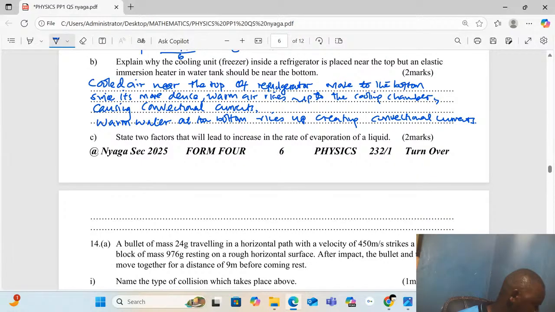And that is why the difference in the densities of these fluids will help bring cooling.